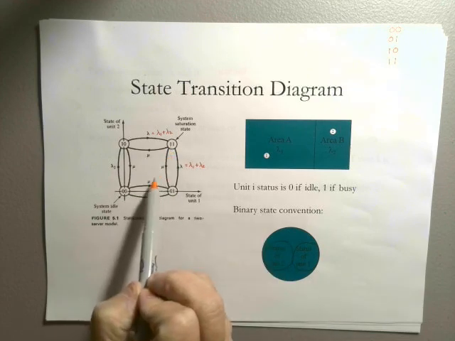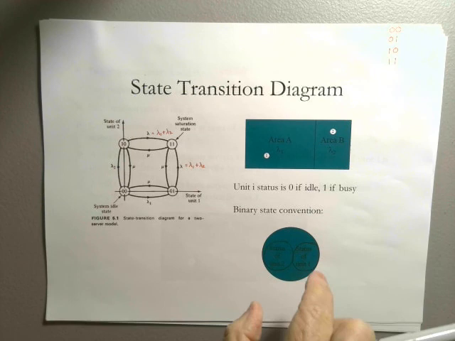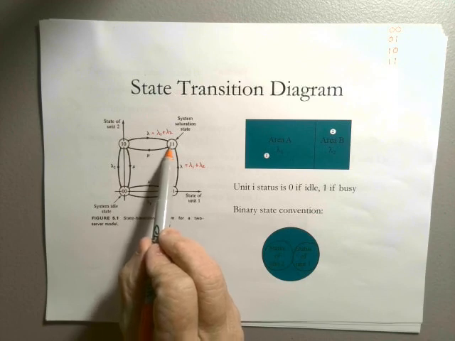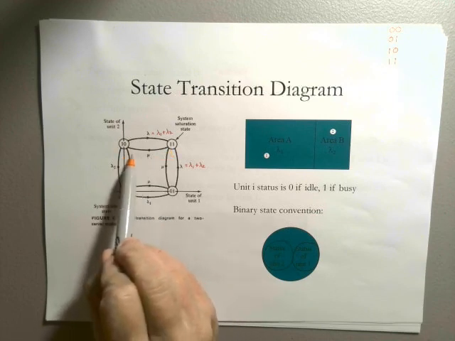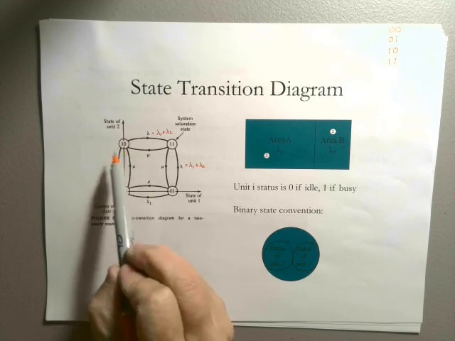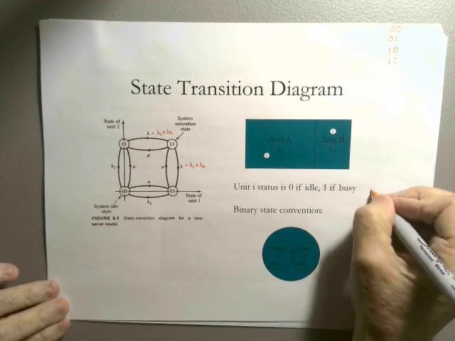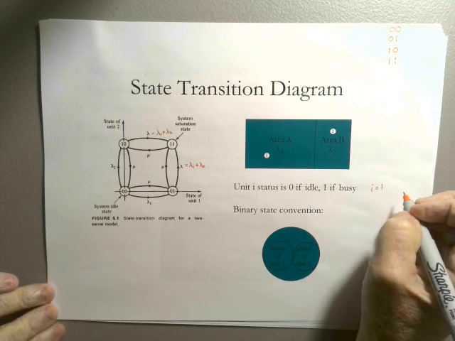So that's why these aren't 2 mu, which is different from what we did in chapter 2, because now we have made our state transition diagram specific to which server is busy. So as we move from 1, 1 to 1, 0, that's just at rate mu. As we move from 1, 0 to 0, 0, that's just at rate mu, and so on. So I wanted to make sure that you understood the notation here.